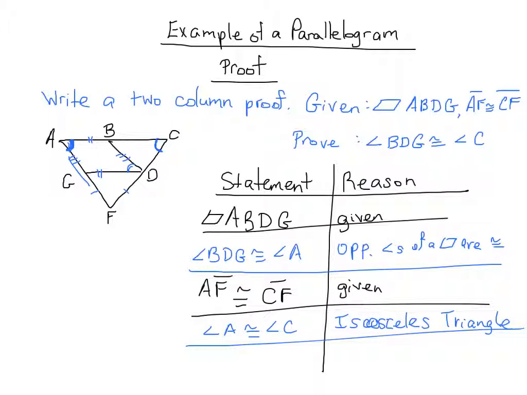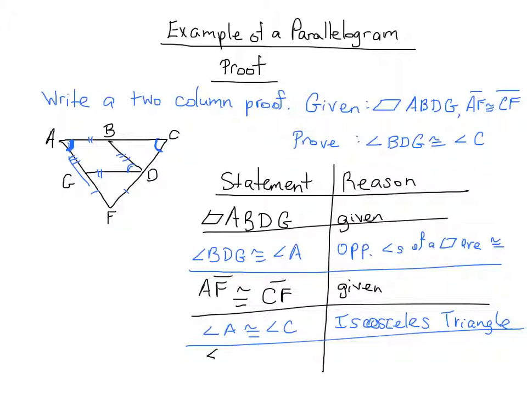Okay, so finally, if A was congruent to BDG right here, and A is also congruent to C, we can substitute one into the other and say that BDG right here has to then be congruent to C. And that's what we were being asked to prove, so we got it. So let's write that down and then we're done.